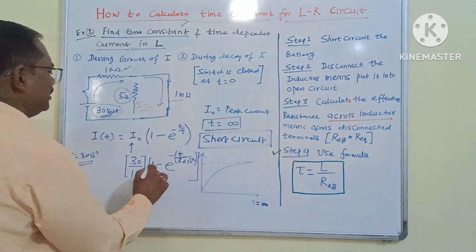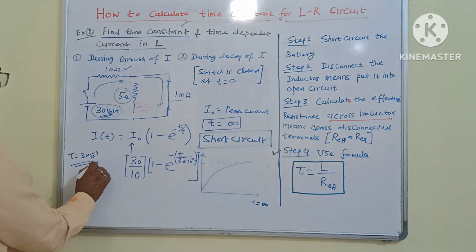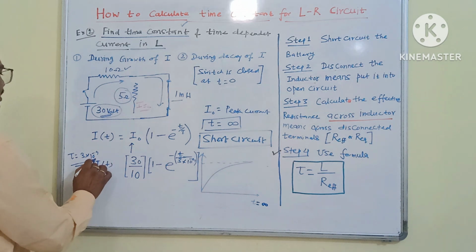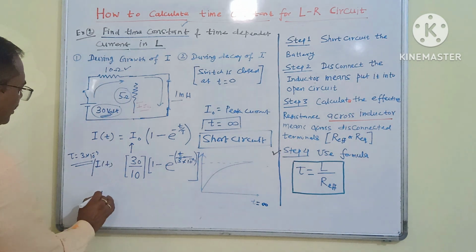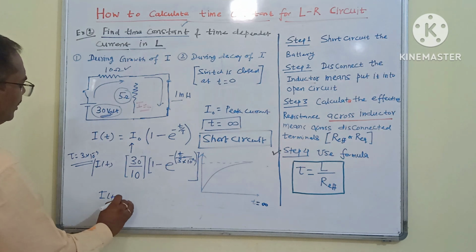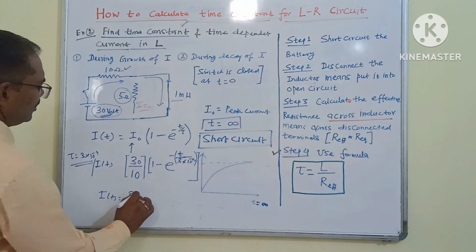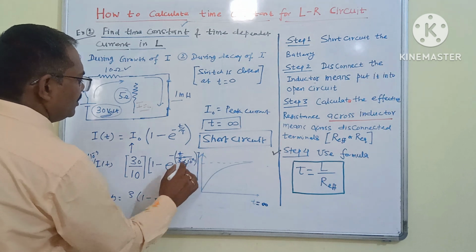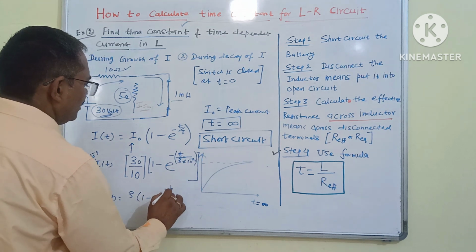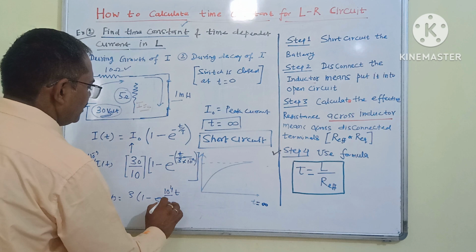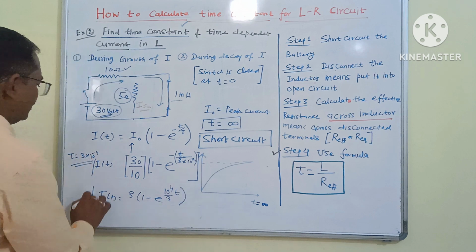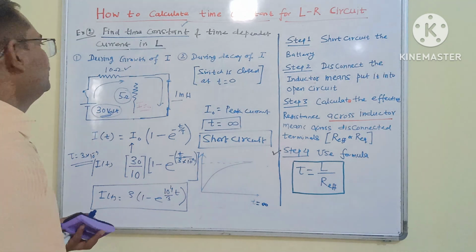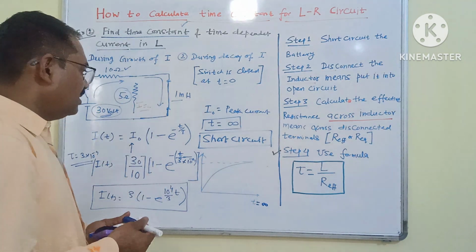You can leave it like this also. It is also correct. It equals 3 times (1 minus e raised to the power minus 10 raised to the power 4 t by 3). This would be the time dependent current during growth in this LR circuit.